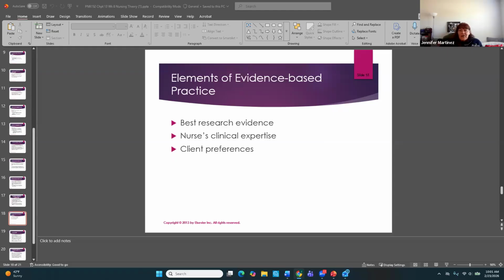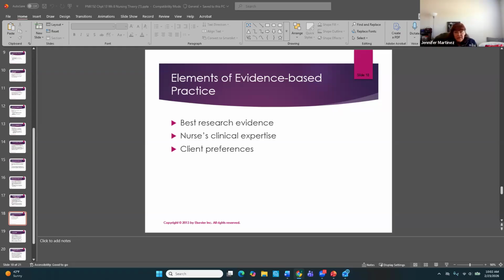So the elements of evidence-based practice, or how the evidence for practice guidelines is determined. There's a trifecta here. We have the best research evidence, the nurse's clinical expertise, as well as the client's preferences. So we want to take all of those into consideration when we are looking at evidence-based practice, right?